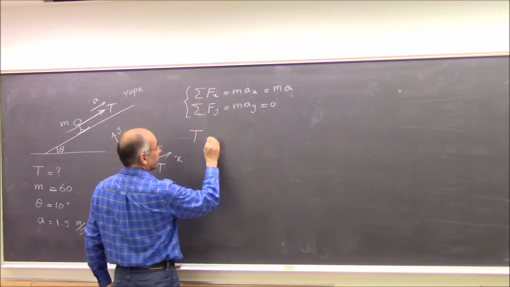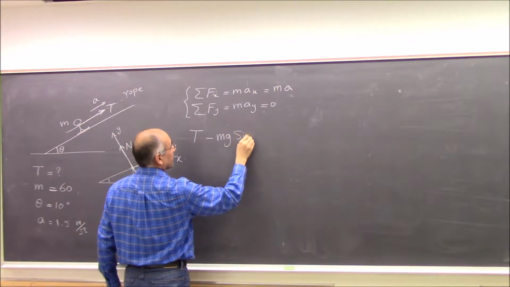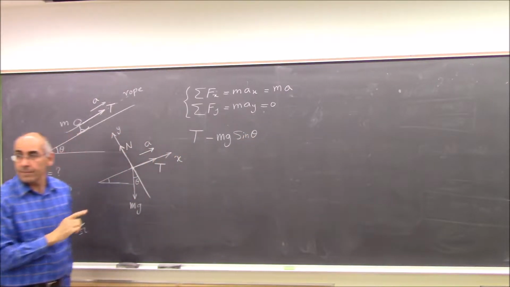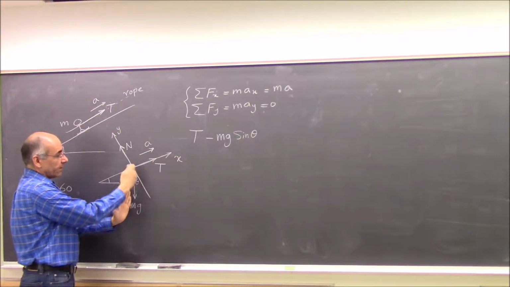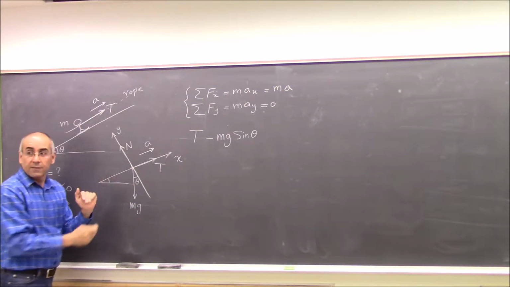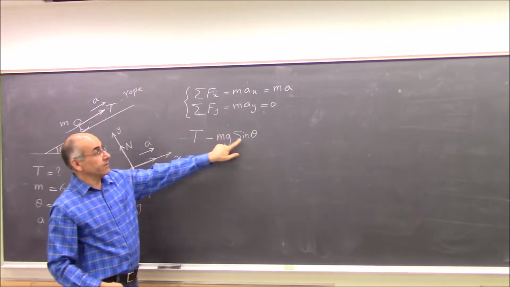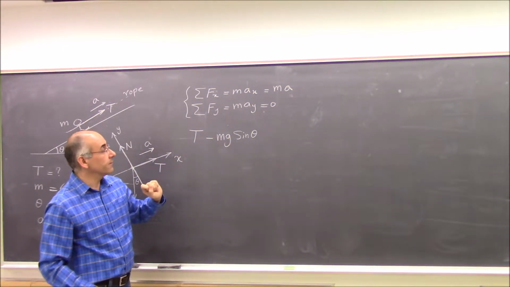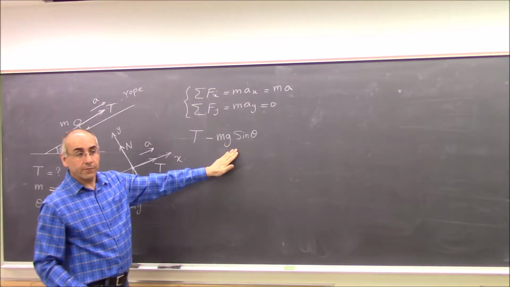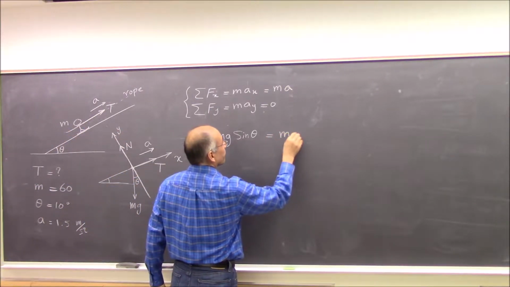So it becomes negative mg magnitude times sine theta. Is that clear? The y component is adjacent to theta, the x component is not, so we use sine. But it falls in the negative direction, so we put a negative sign. This is all the x components, equal to ma.